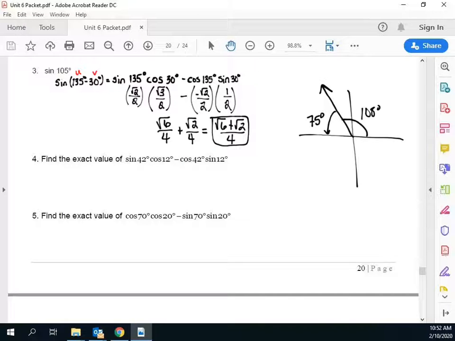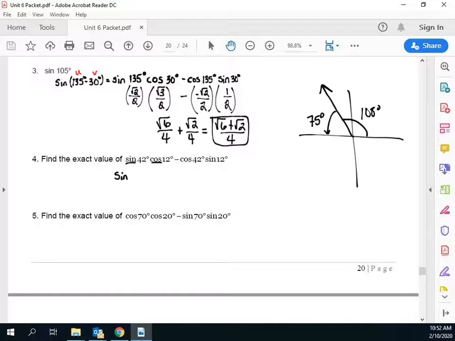Anyway, here we go. Find the exact value of the sine of 42 and the cosine of 12 minus the cosine of 42, sine 12. So go up to the box, look for this in the equation part, and tell me, is the sine or cosine sum or difference? Well, it's going to be sine because I know that these are different trig functions. Cosine has the same.